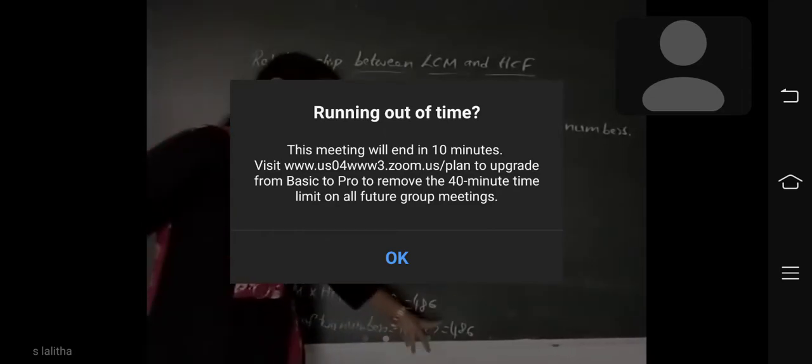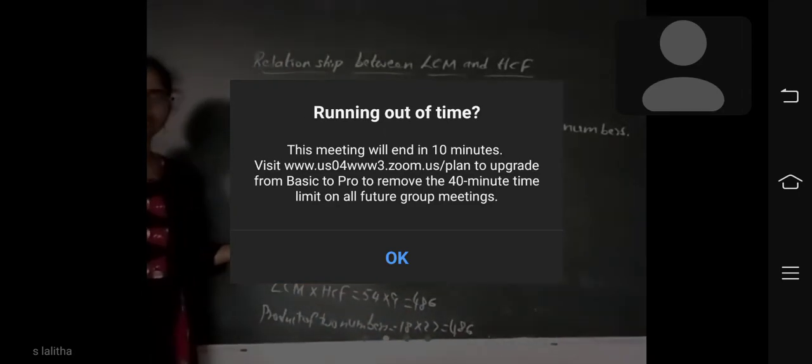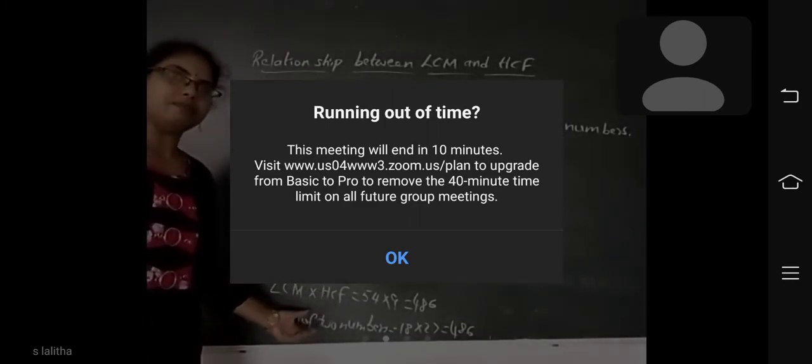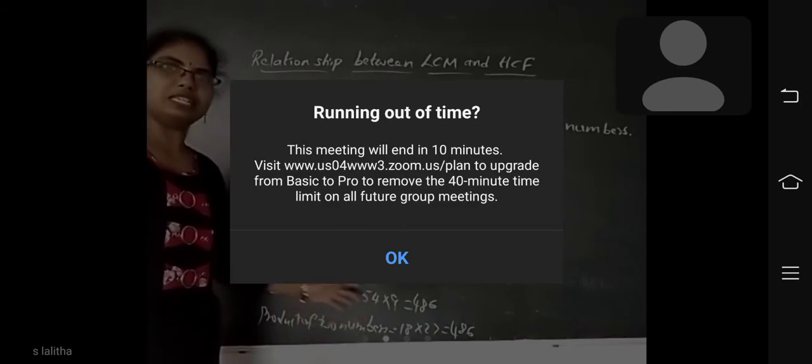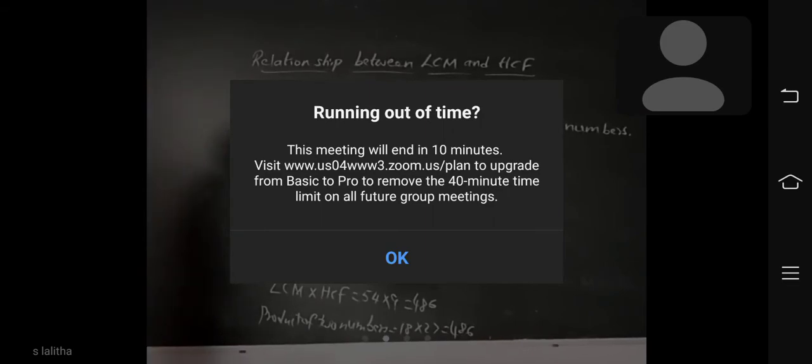So both are equal or not, children? Both are equal. So first you should find HCF and LCM. So product of HCF into LCM is equal to product of two numbers. This is the relationship between LCM and HCF. Okay, children? Come on, write.